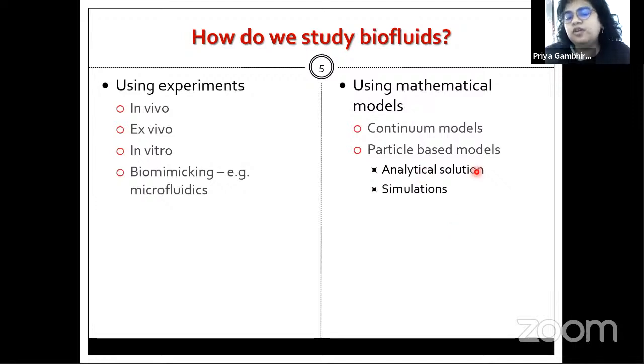Analytical solutions were very common in the past, when simulation techniques were not very well developed. But nowadays, due to the high computing power that we have, simulations are much more preferred because you can add more and more physics to it. You always have to simplify the model if you want an analytical solution. But in simulations, you do not have such a drawback.